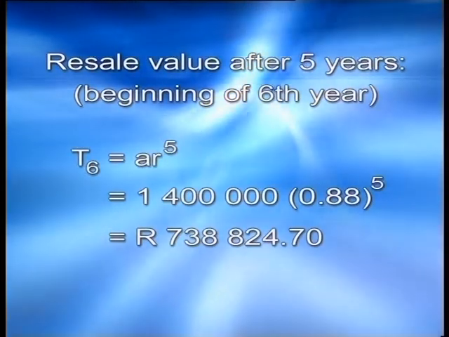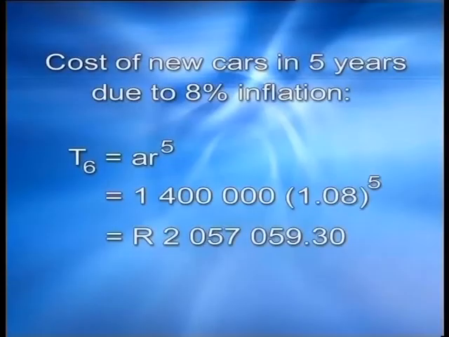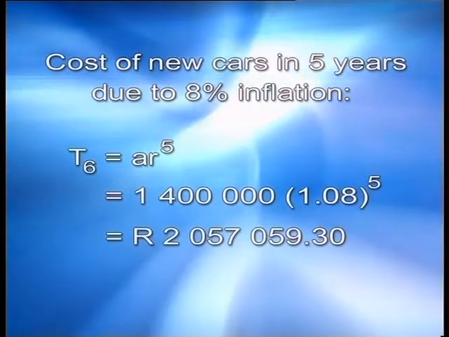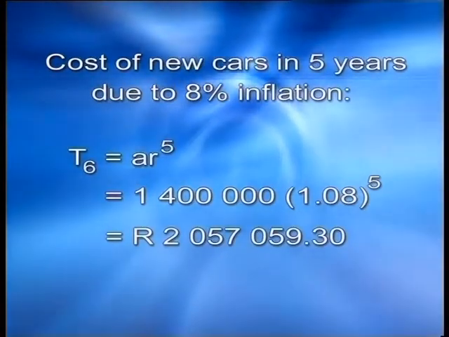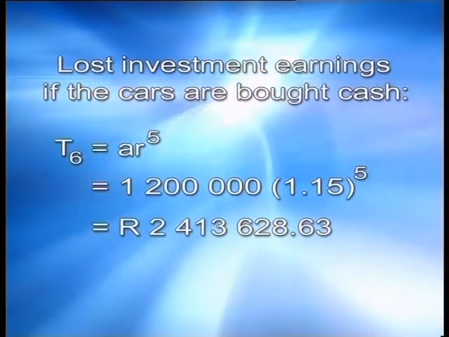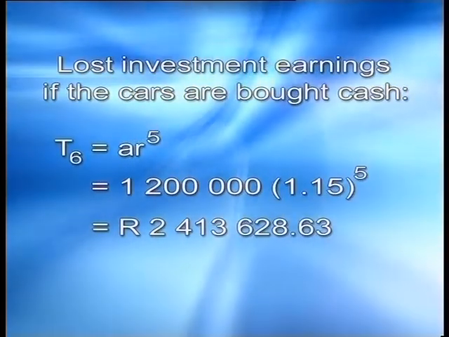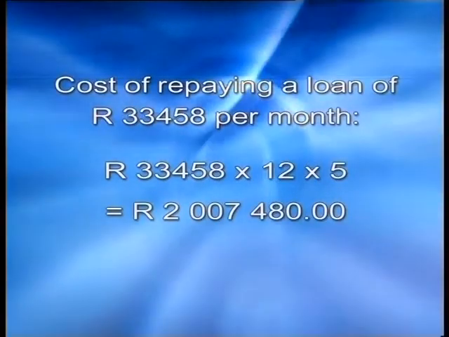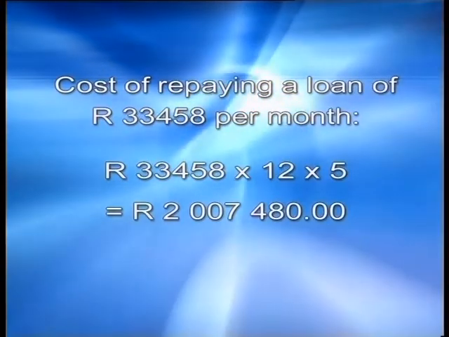The further questions on the worksheet can be answered in a similar way. This is the cost of new cars in 5 years due to 8% inflation. They also work out the lost investment earnings if the cars are paid for in cash. And finally, the cost of repaying a monthly loan over the 5-year period.